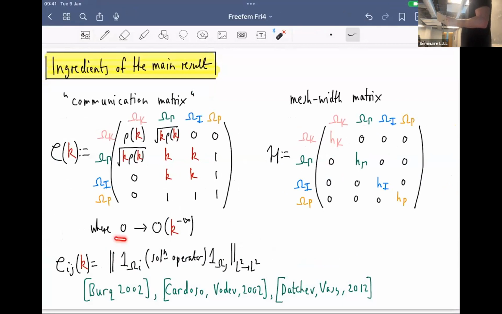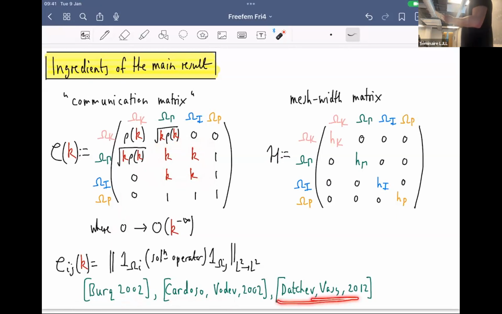And I should say, these zero entries are not strictly zero, they're super algebraically small in k, but this is a technicality. You should just think of them as zero. Of course, proving these results has a long history, and they are difficult, technical results to prove. Nicola Burq, and then Cardoso and Vodev, proved this block here: when your data is away from the trapping and you look away from the trapping, you just get k.